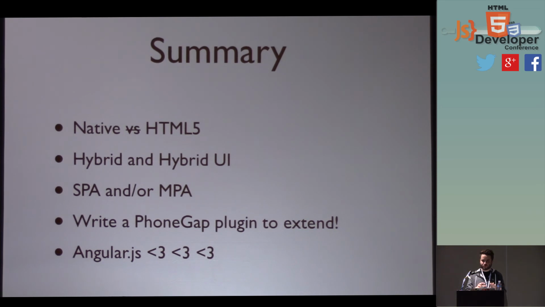So you can have some of your app implemented in a single-page app way, and some of the app implemented as a multi-page app. And if something's missing, it's really easy to extend an existing PhoneGap plugin from some open source repo or write one of your own. And AngularJS is especially awesome for hybrid development.